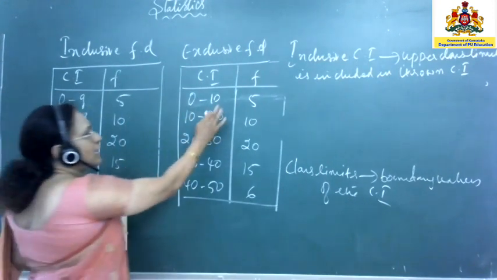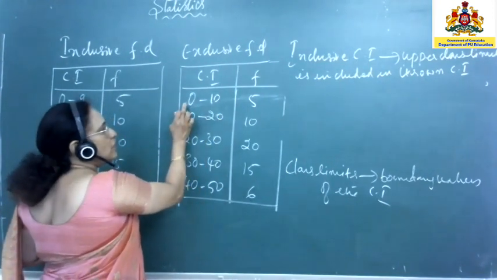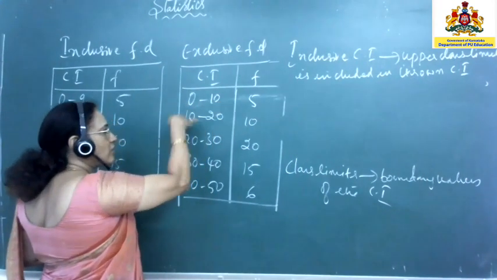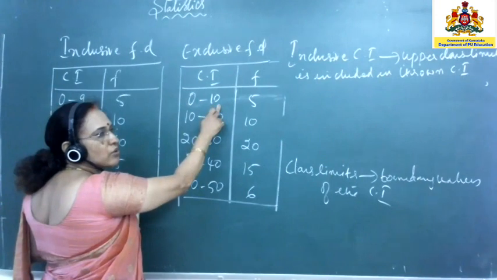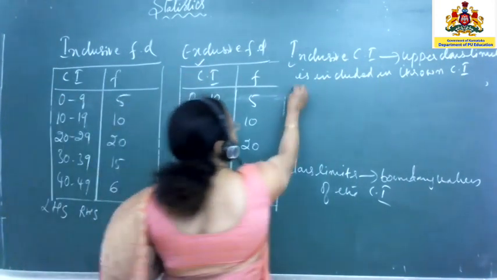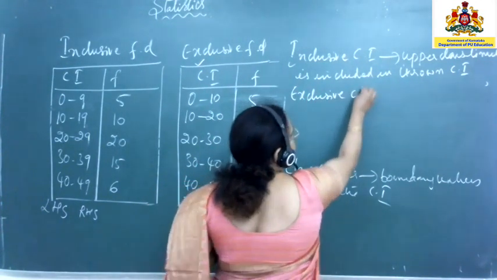Okay, now on the other hand, if you come to this table, here 10 is not included. You will be including all numbers from 0, 1, 2, 3 up to 9. 10 is included in the next one. That means you are excluding. That is the reason you call it exclusive. So the next one is the exclusive class interval.